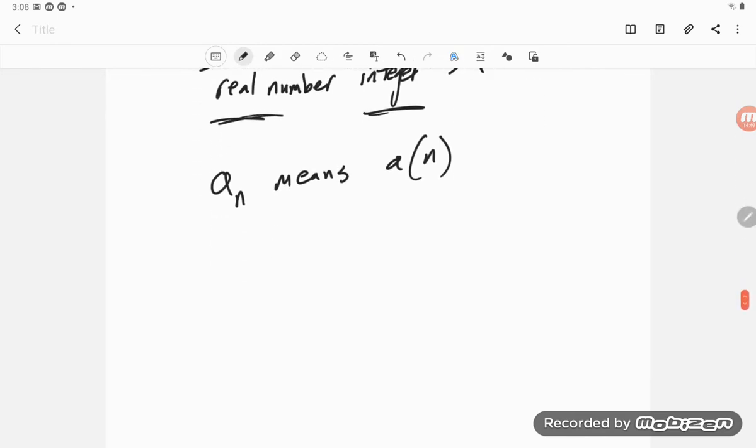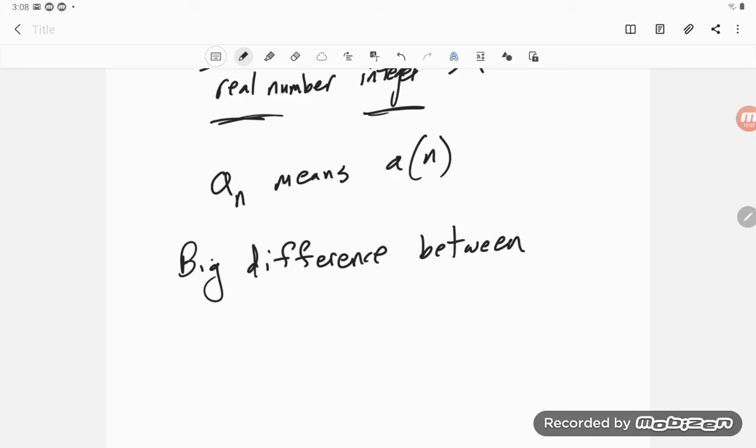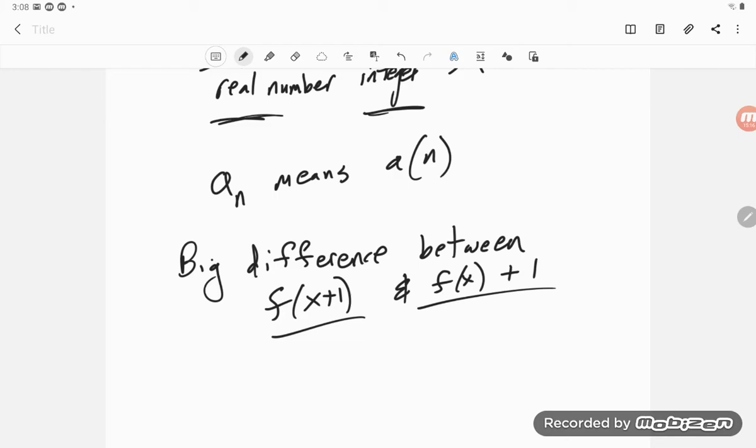You know, so there's a big difference between f of x plus 1 and f of x plus 1, right? That's a huge difference, and hopefully you agree that there is a huge difference there.